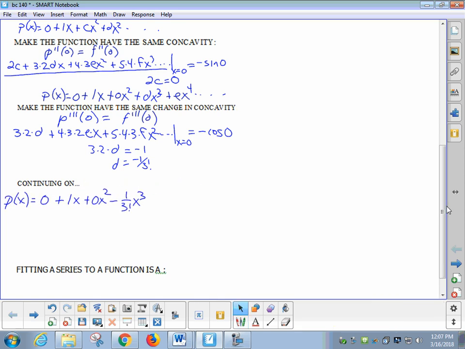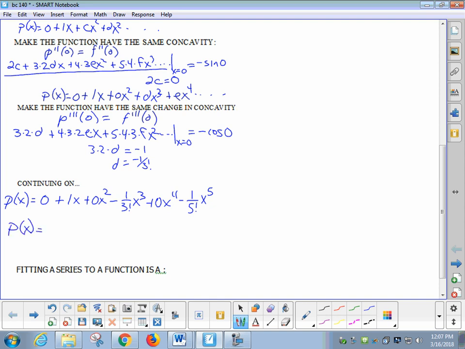If we tried to establish a pattern, what do you think x to the fourth will be? 0x to the fourth. What about the x to the fifth? Negative or positive? It's positive. It alternates. Positive, negative. Positive, negative. 1 over 5 factorial x to the fifth, and so on. Now, typically when we write these, we don't write the zeros. I just wanted you to see the pattern.